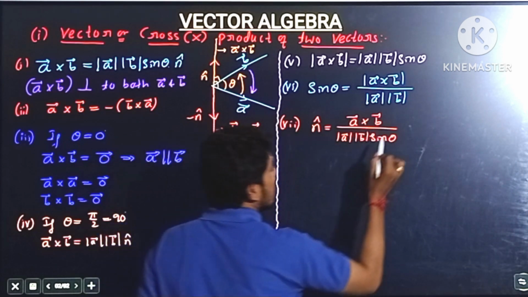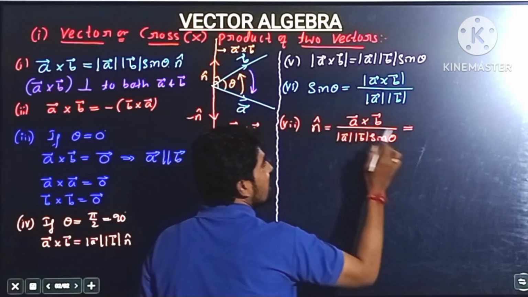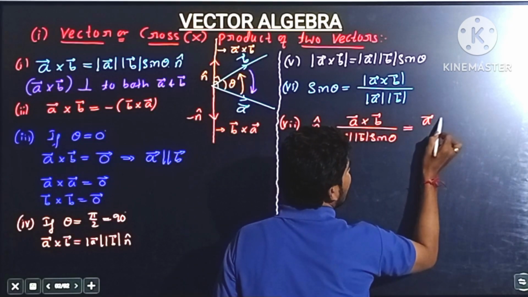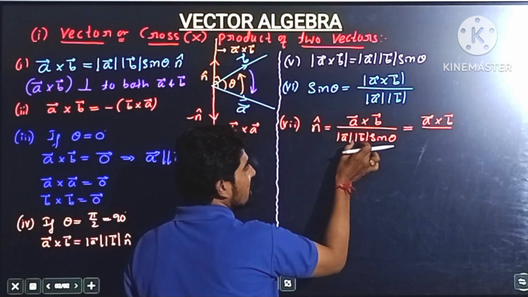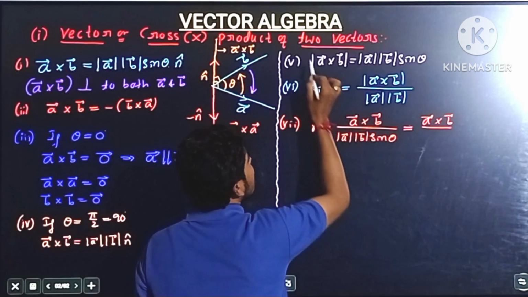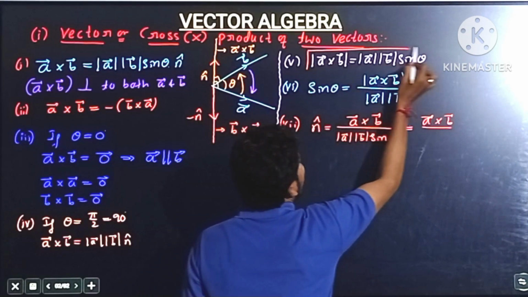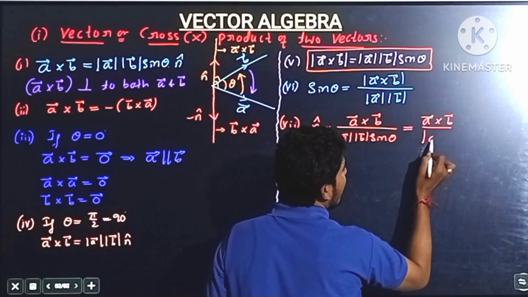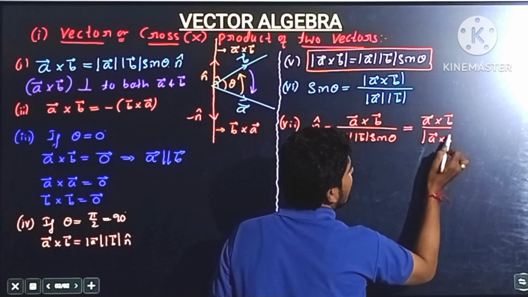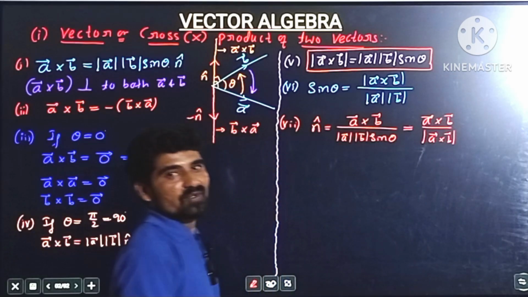It means n cap is equal to a vector cross b vector divided by magnitude of a vector into magnitude of b vector into sine theta, which is equal to magnitude of a vector cross b vector. So divided by magnitude of a vector cross b vector. I hope all of you understood.